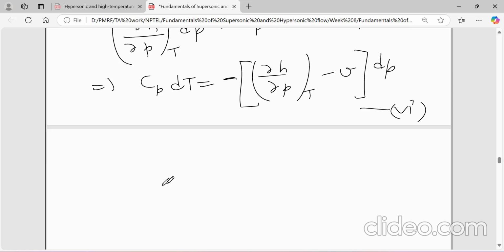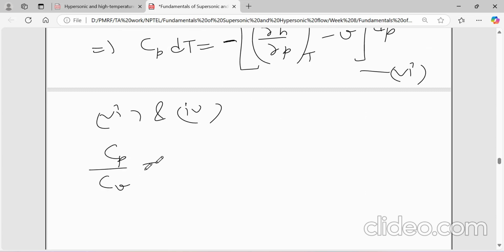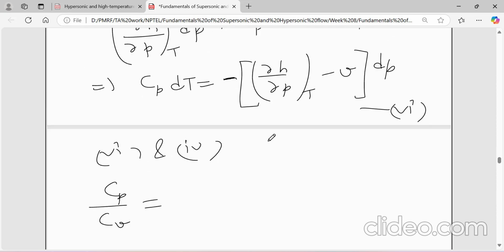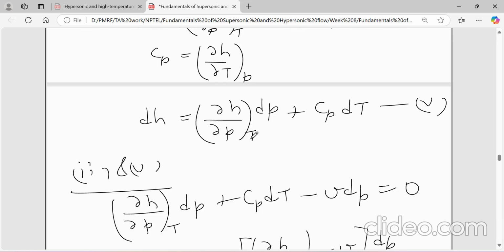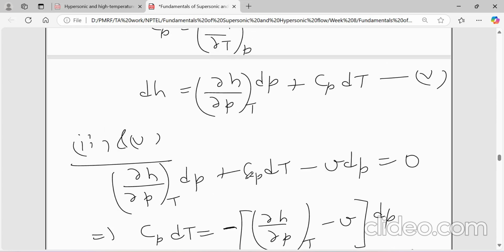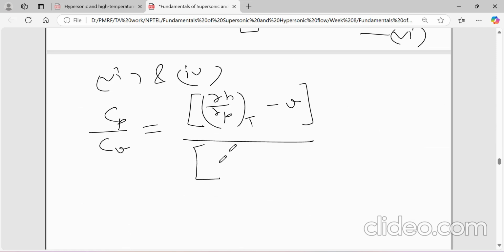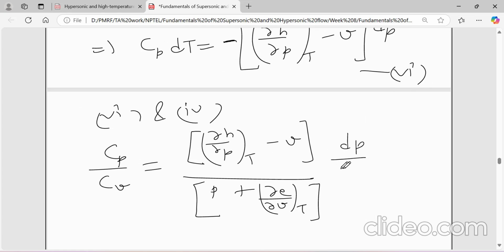If we take the ratio of 6th and 4th, then we get Cp by Cv equals, since there is a minus in this one and a minus in this one, there is no need for writing it, dou H upon dou P at constant temperature minus V upon P plus dou E upon dou V at constant temperature, into dP upon dV.